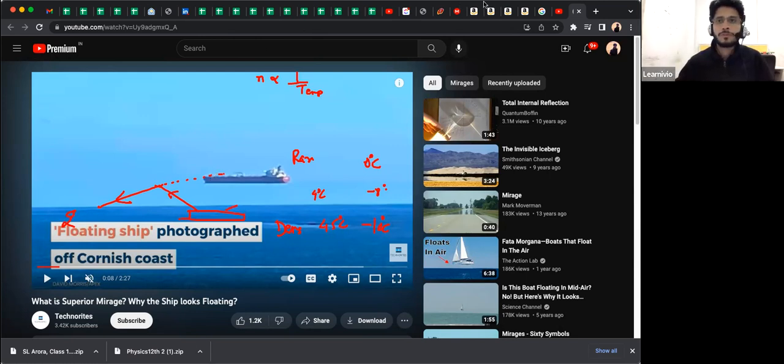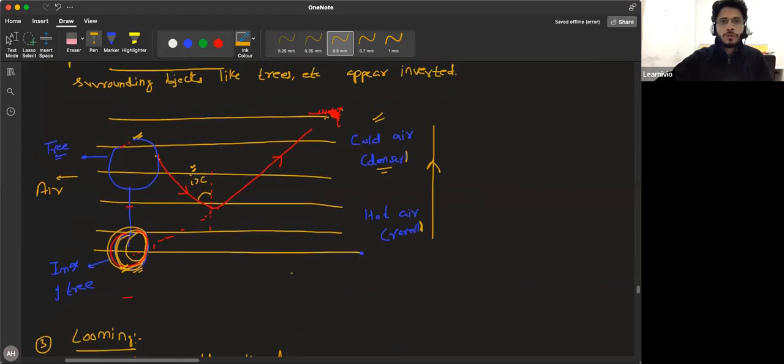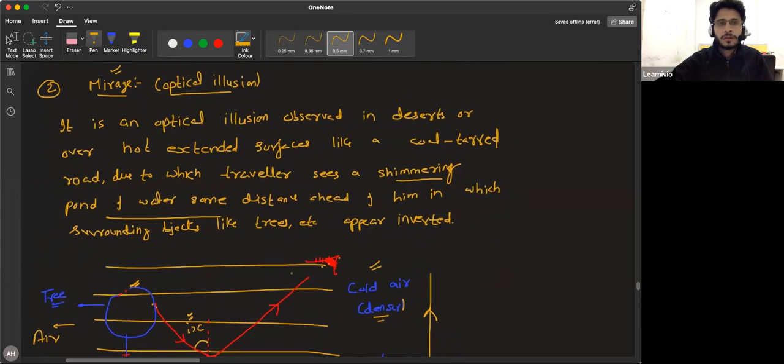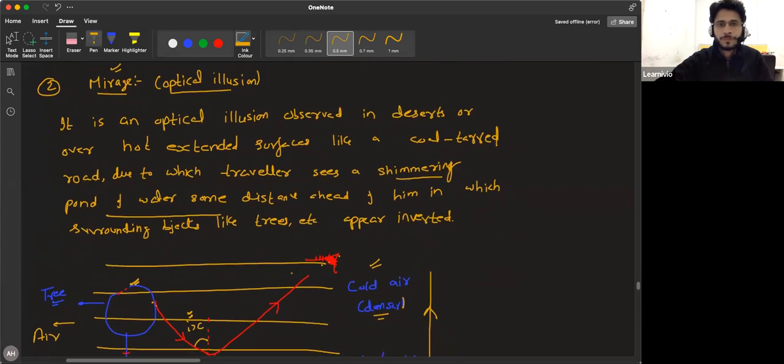So this optical illusion can also be captured by a camera lens. Yes, it can be captured. I believe yes, it can be captured. So this is Mirage. You can take a screenshot of this. It's a theoretical thing. It's nothing which I can show. Just take a screenshot.